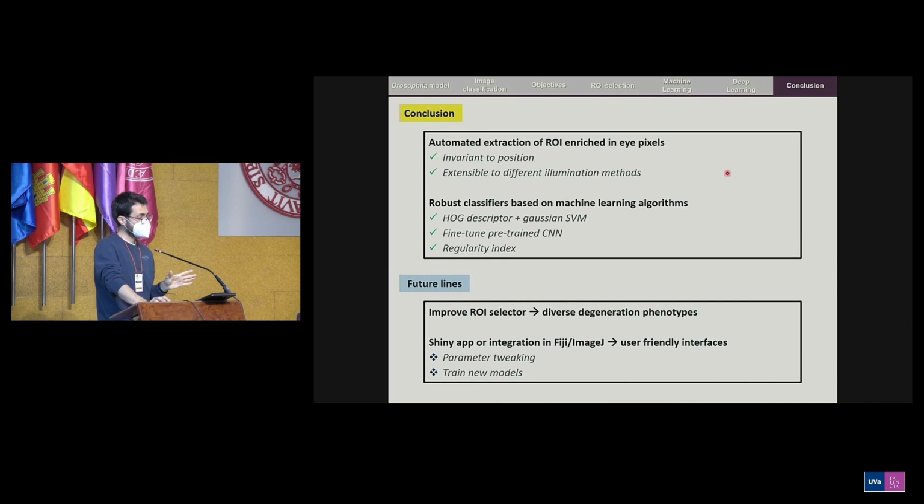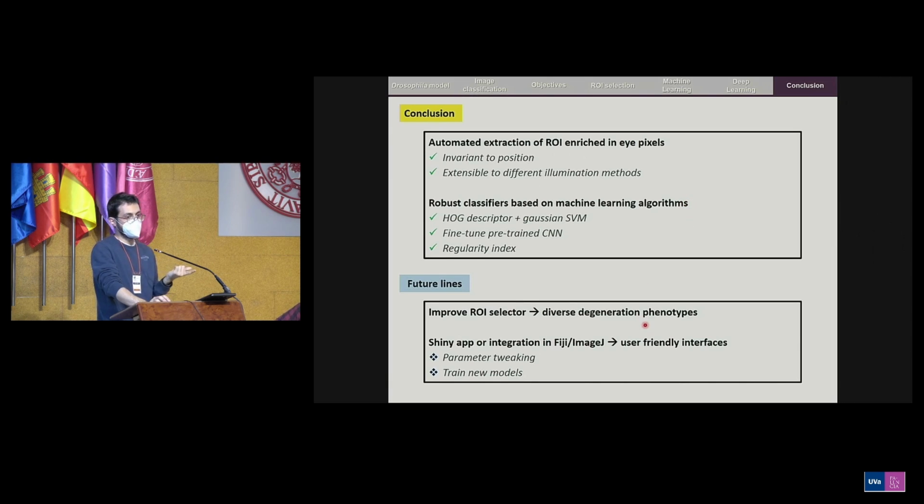And as a final remark, the conclusion you have from this kind of algorithms can be made extensible to many other scenarios, whether it be genomics data, prediction, or practically any kind of data set. You always need an automatic first step of selection of your regions of interest. Then you need to compare different machine learning algorithms to see what is the best one that best fits your data.